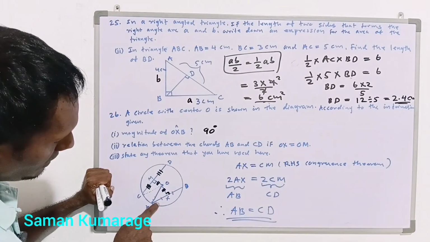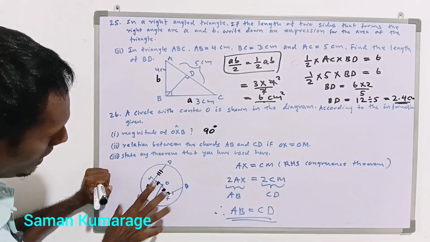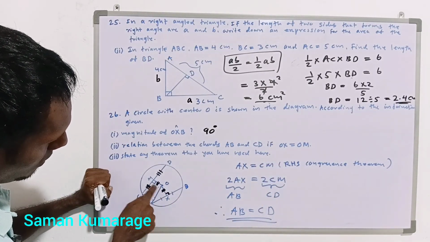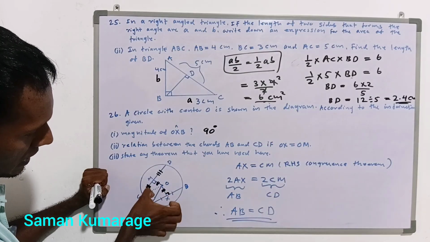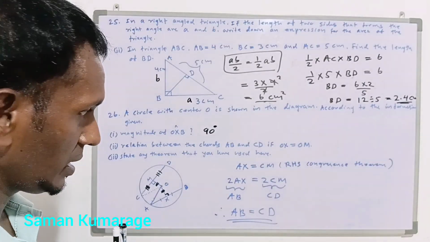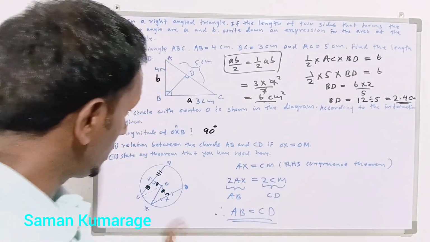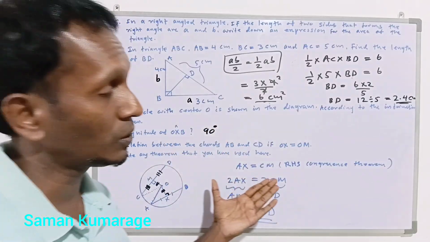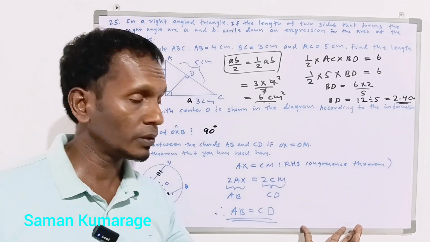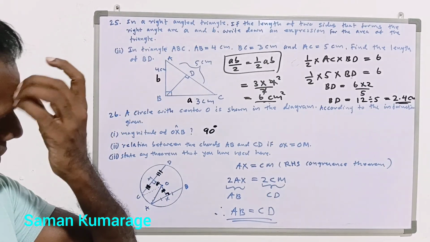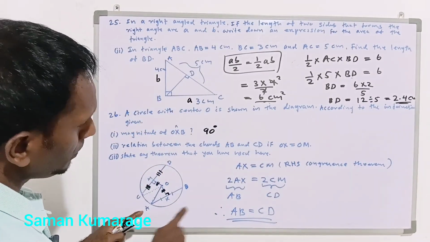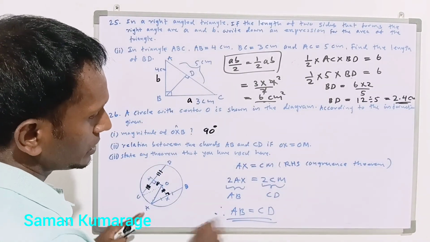These AB and CD are equidistant because they have given OX equal to OM, meaning AB and CD are located equidistantly. So we could use that theorem, but since we have not studied it for the ordinary level, we cannot use it. So this is the only way we can prove that AB is equal to CD.